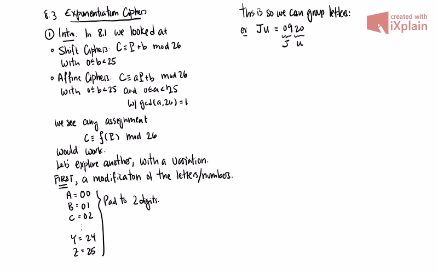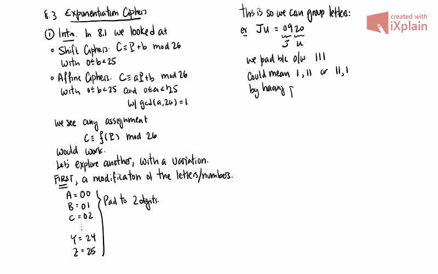And the reason for padding is because otherwise something like 111 could mean 1 and then 11, or it could mean 11 and then 1.